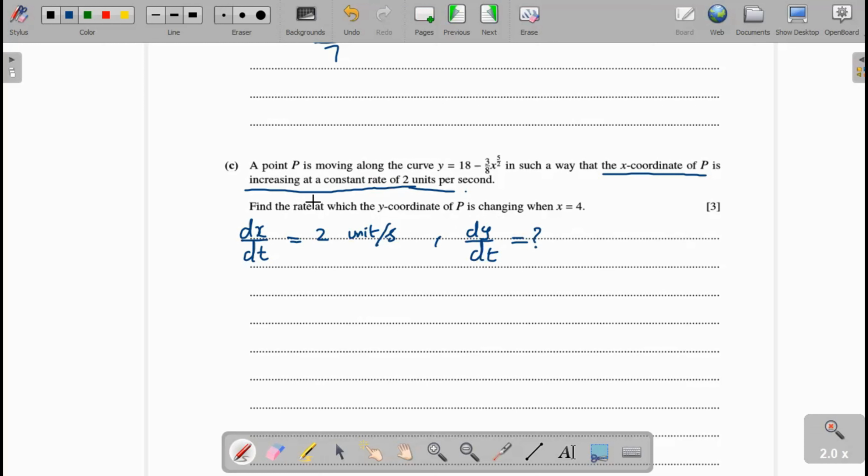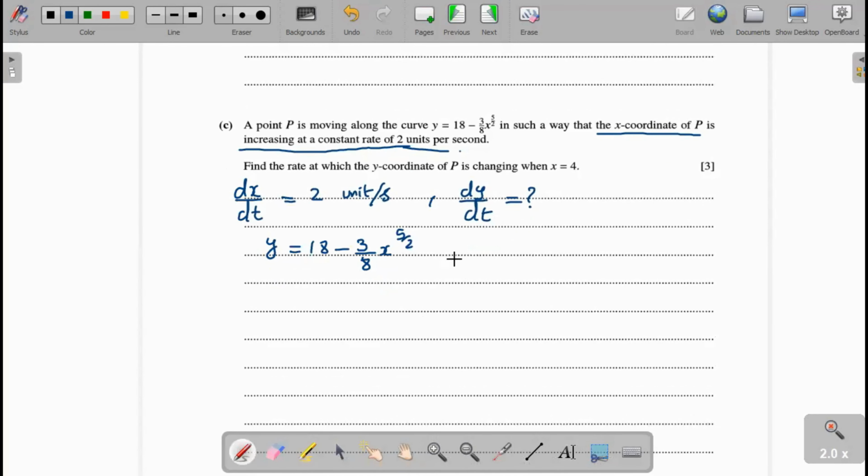Next is dy over dt, where y is equal to 18 minus 3 over 8 x power 5 over 2. To find it, dy over dt will be equal to dy over dx into dx over dt. Here dx over dt is 2, and dy over dx we can find by taking the derivative of this curve.